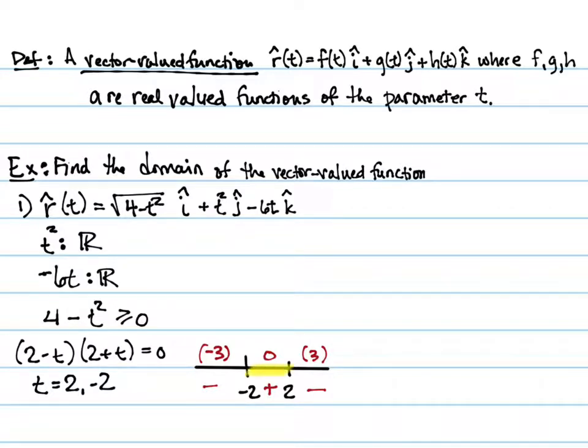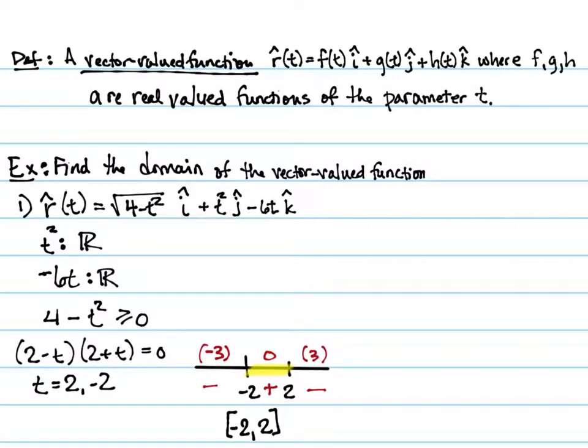Yeah, this interval right here from -2 to 2. So my range is actually from -2 to 2, and it's including the interval endpoints. I can take a square root of 0, so that's not a problem. So my domain is -2 to 2. But I need a domain that's good for all 3 components. Now, in this case, the only component that had any problems was that one, right? So there's really nothing else I have to do.